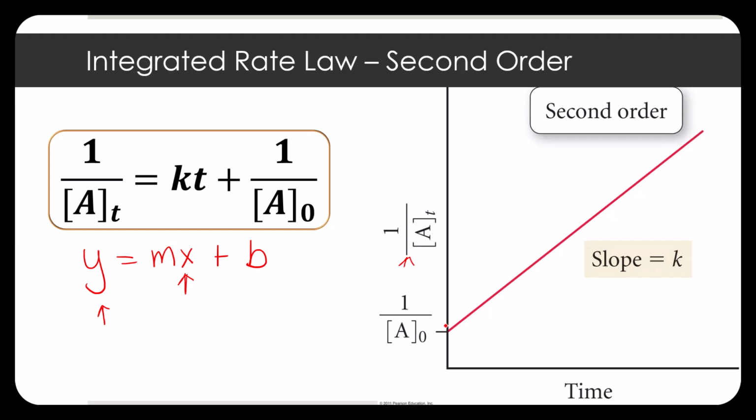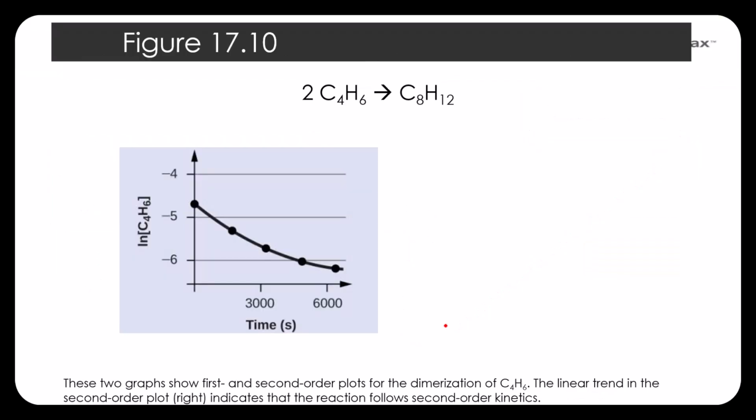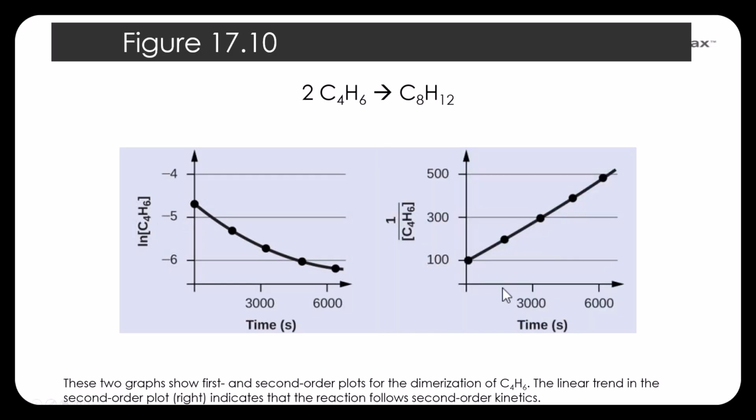What we can do now is make two different graphs. Maybe for the first graph, we plot time versus the natural log of our reactant. And for the second graph, we plot time versus 1 over the concentration of our reactant.